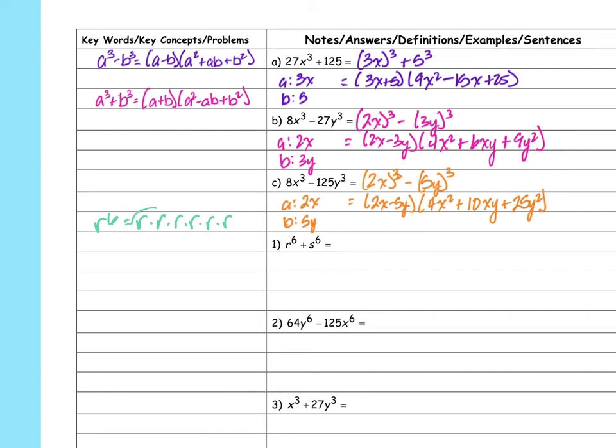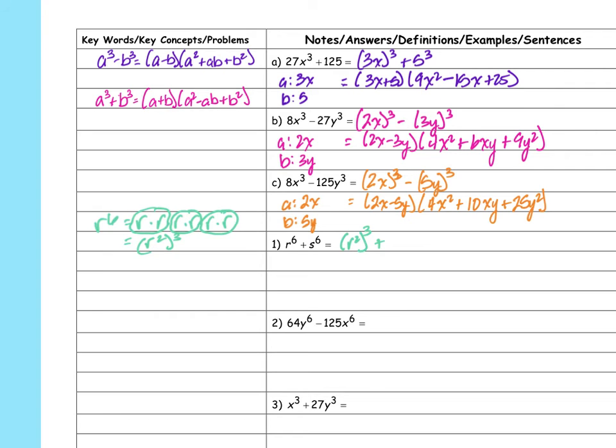So if I make groups of 3, I've got this, this, and this. That looks like groups of r squared cubed. I have 3 groups of r squared, so that would be r squared cubed. So I can rewrite r to the 6th as r squared cubed.